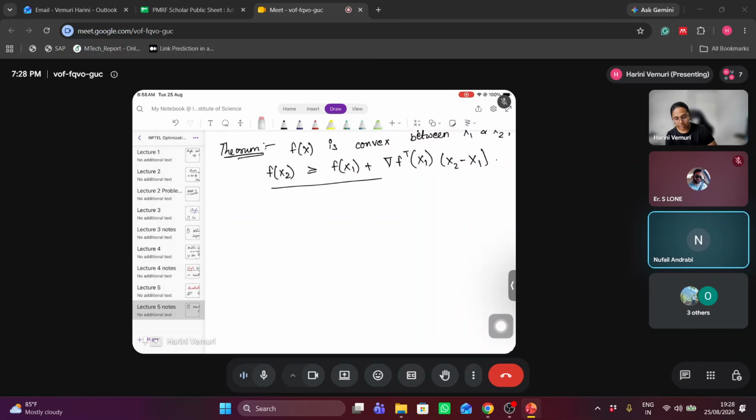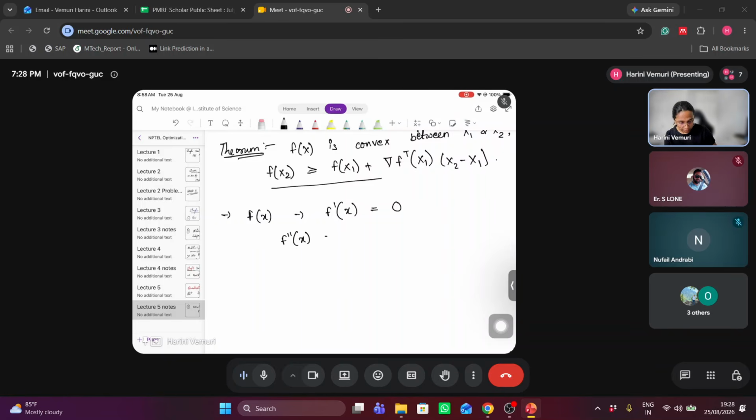So, just remember it like this. When we have a single variable function, we will have maxima or minima when f dash of x is 0, right? And based on the f double dash of x value, we will know whether it's a minima or maxima. If it is negative, then we have maxima. If it is positive, then we have minima.